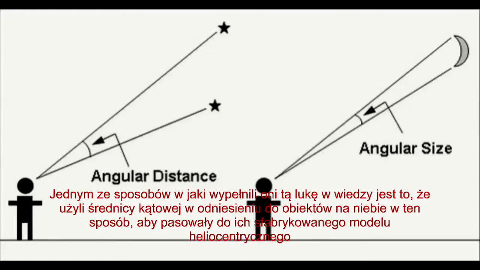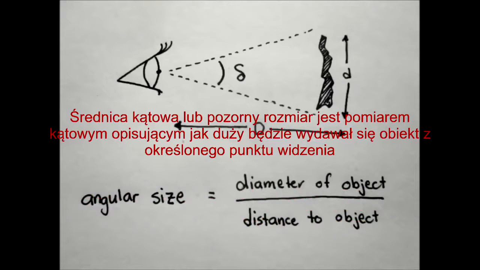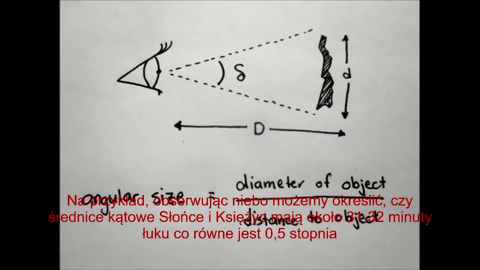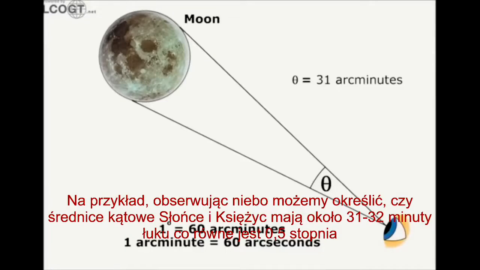One way they fill this gap is to use the angular distance of a sky object to invent their model. The angular diameter, or apparent size, is an angular measurement describing how large an object appears from a given point of view. For example, this involves looking at the sky and determining that the sun and moon have an angular diameter of about 31 or 32 arc minutes, which equals a half of a degree.